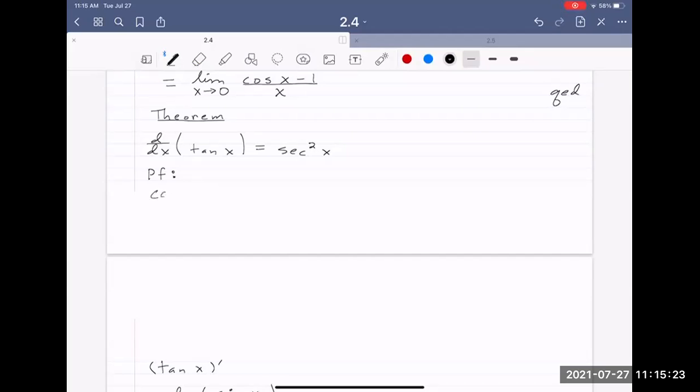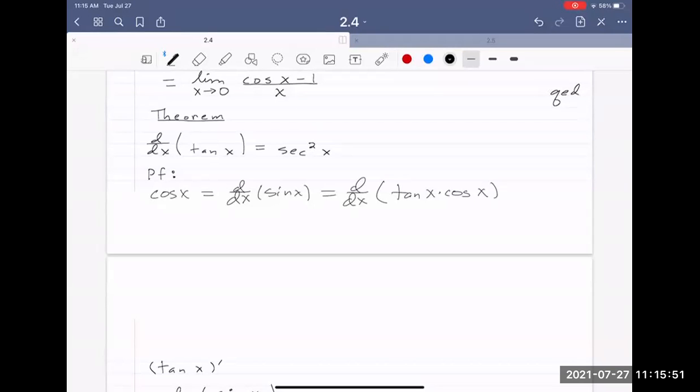Cosine x is the derivative of sine x, and tangent x times cosine x is equal to sine x.